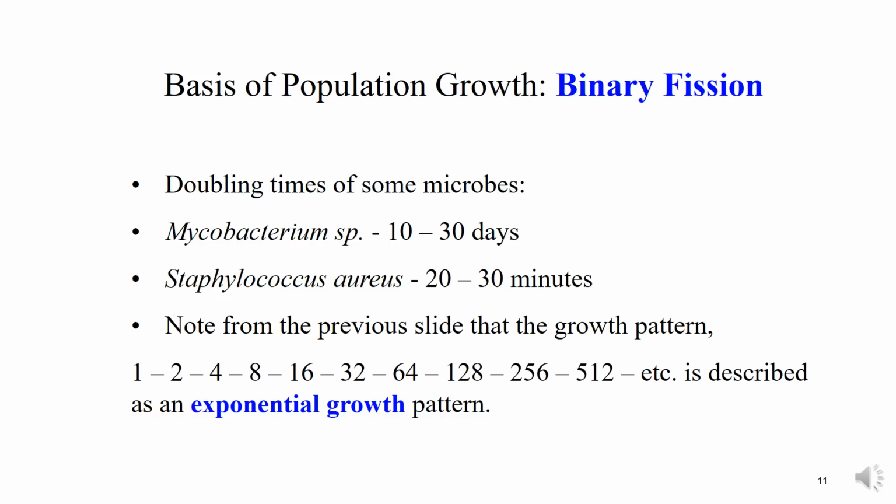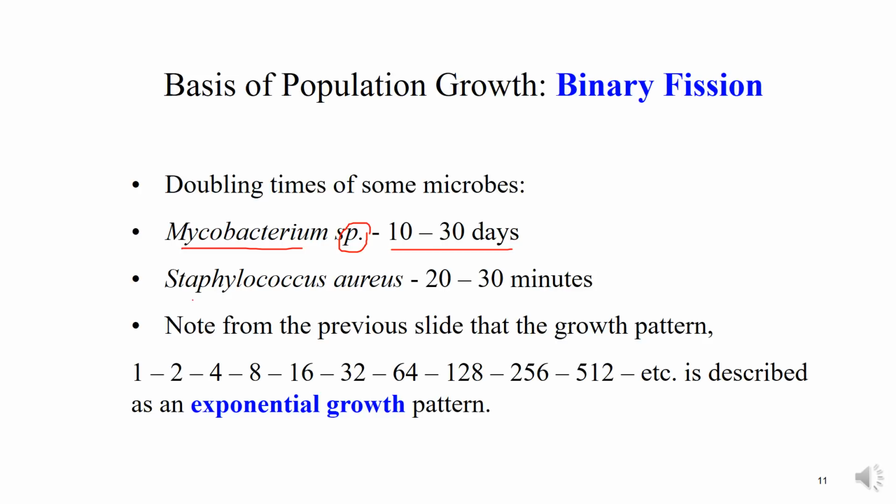Living with binary fission, not all bacteria have the same generation time. For example, Mycobacterium is the species that causes diseases like tuberculosis. It takes about 10 to 30 days to divide, which means one mycobacterium cell can take about 10 or 30 days, depending on the species, to divide into two cells.